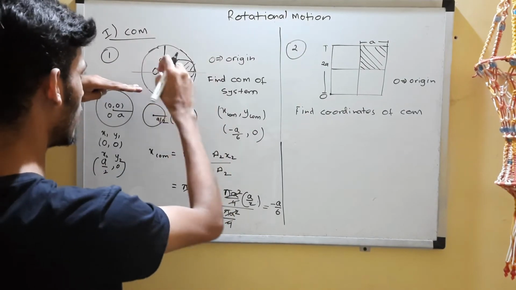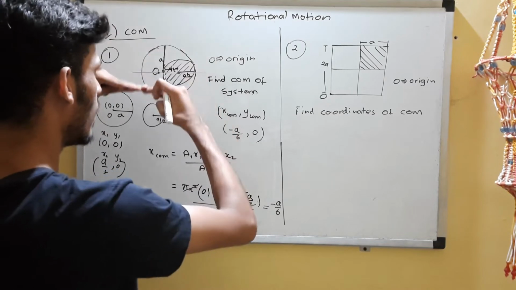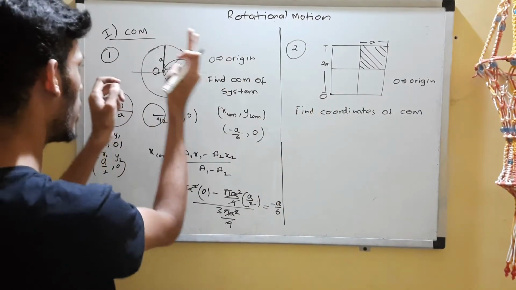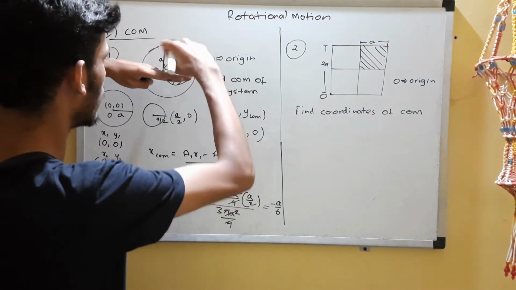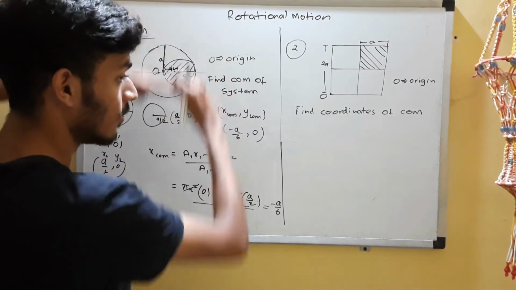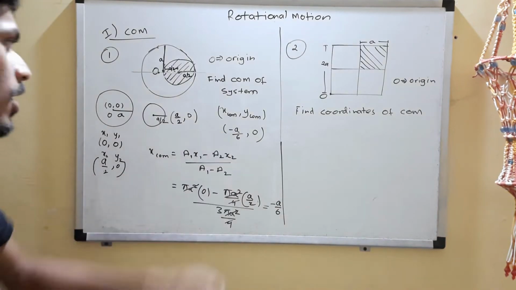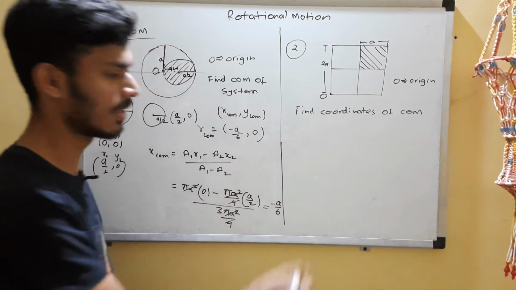The center of mass won't shift this way, since the mass removed from the right side makes the point shift to the left. But along this axis, this mass is symmetric, this mass removed is symmetric, so the point won't shift this way. You can say it through the formula too. So the coordinates of the center of mass are minus a by 6 comma 0.